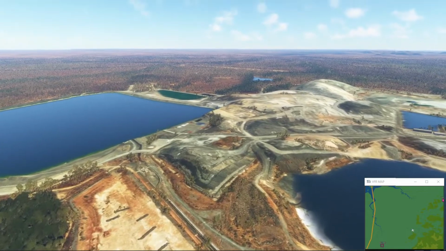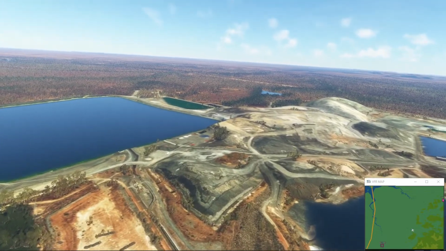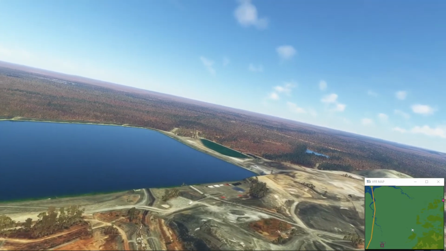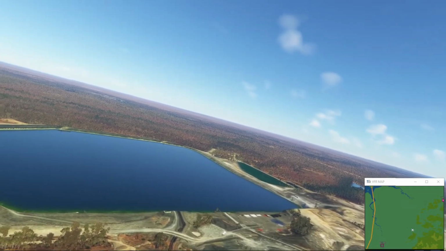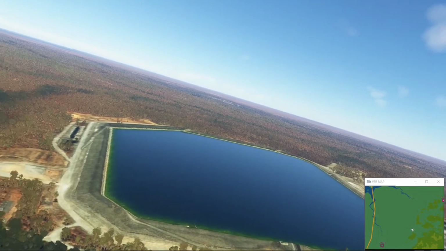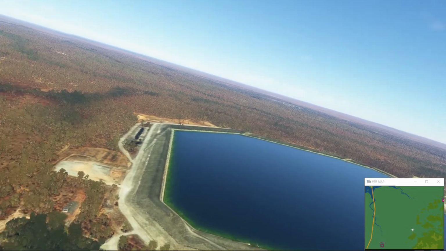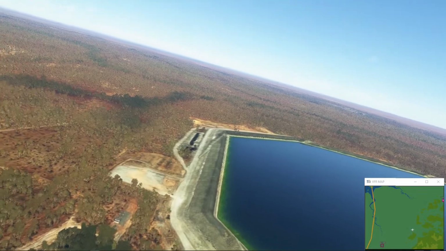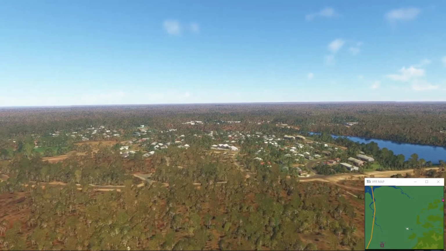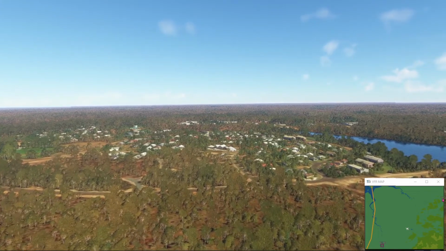And from here we will head towards the little town of Jabiru, which was created and built for the workers of the mine. Jabiru has 1,000 residents. It was built in the 1980s.